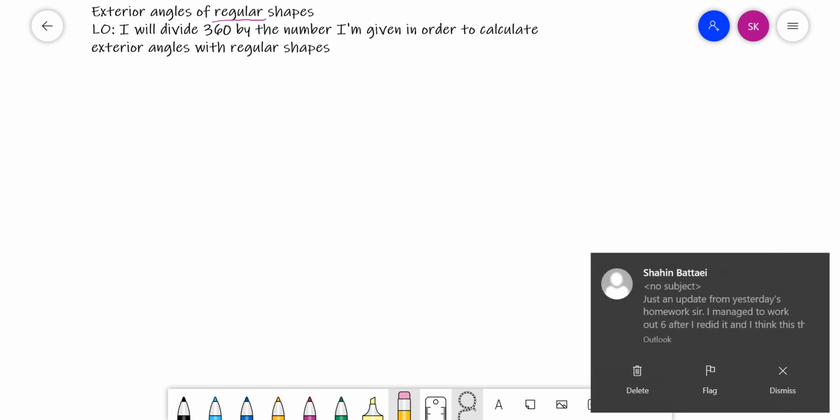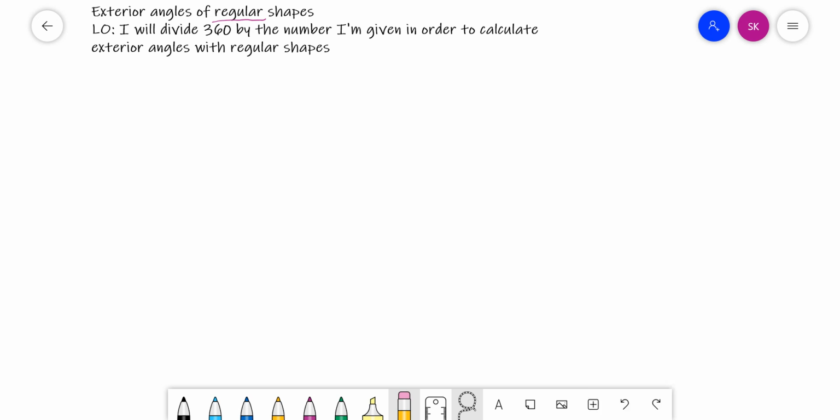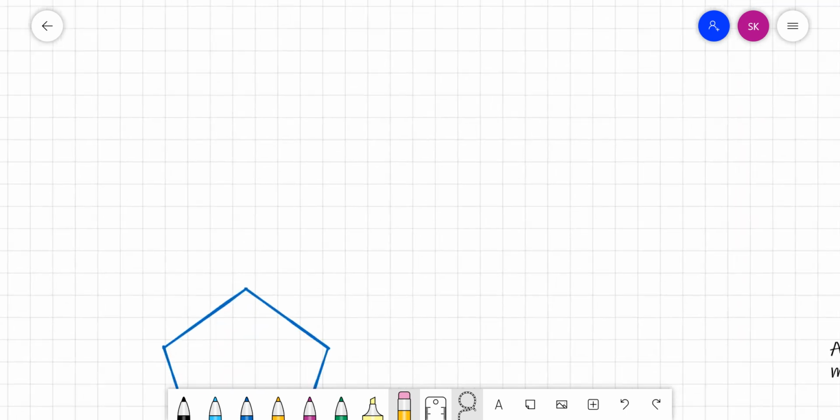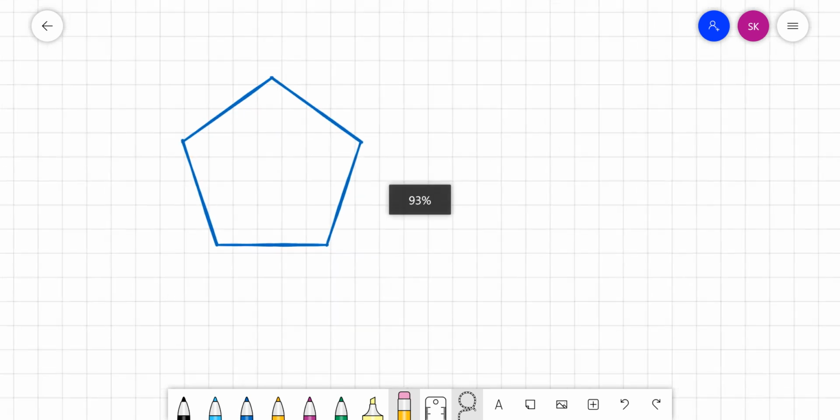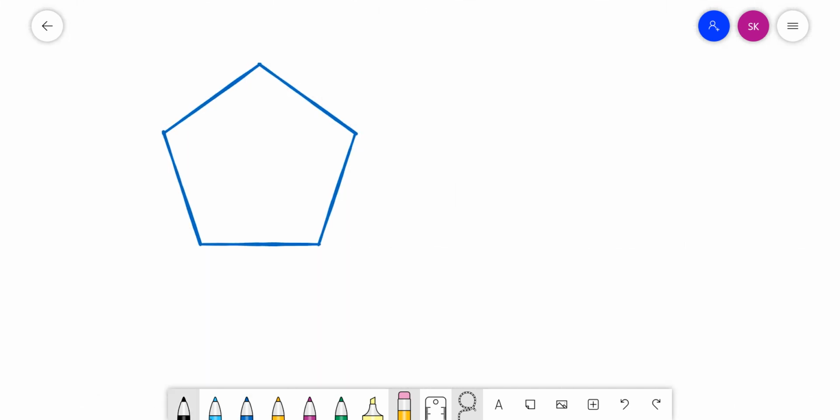So, before we get into the specifics of how to calculate with regular shapes, before we look at the learning objective, let's look at this example first of all. Here we have a regular five-sided shape, which means we've got a regular pentagon.